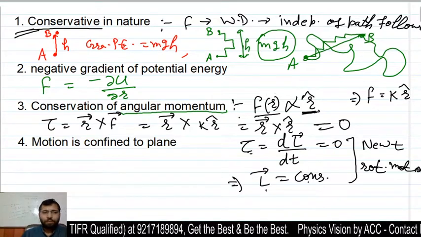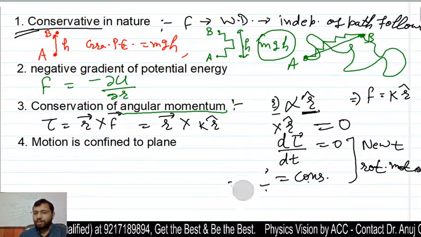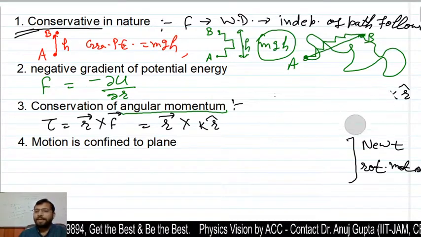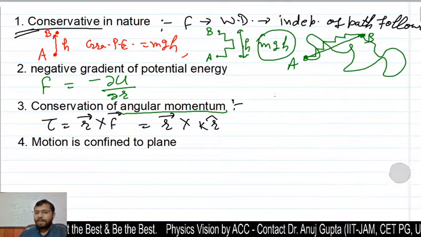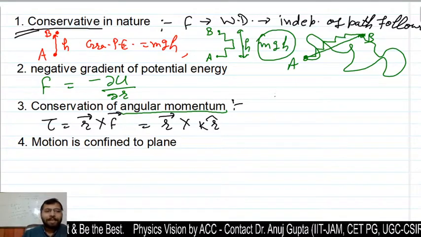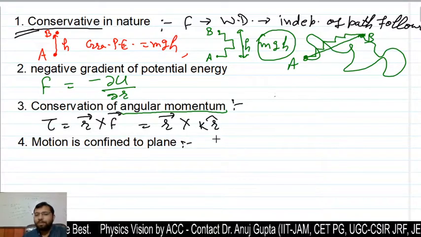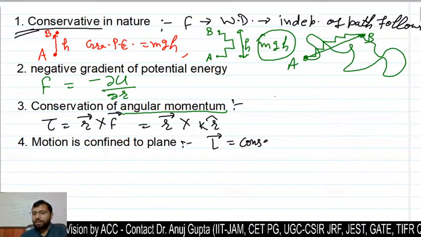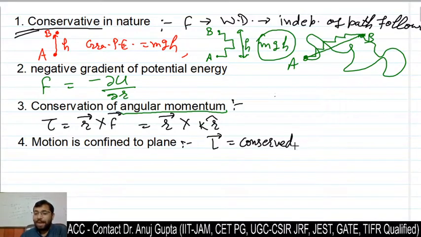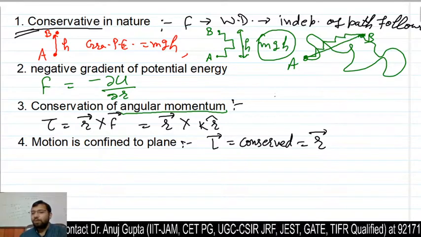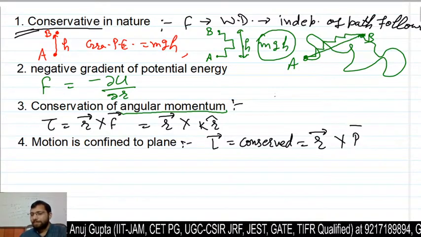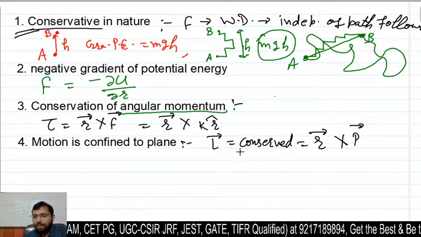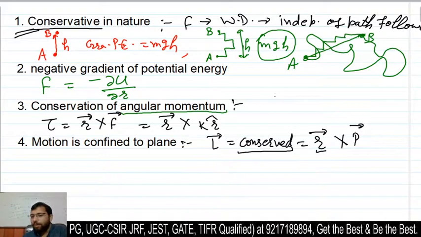Last, fourth, one more property directly related to this one is that motion of the body is confined to a plane in case of central forces. Why is it so? Because L, we have proved it to be a constant. It's a conserved quantity, L, which is actually equal to r cross p. Now if this is a constant, what does this product represent?